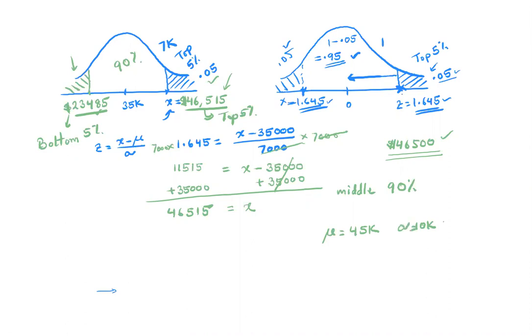Now, all you have to do is find the bottom 5%, top 5%, or middle 90%.